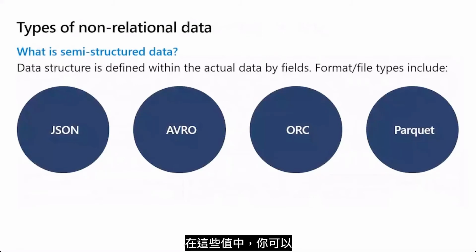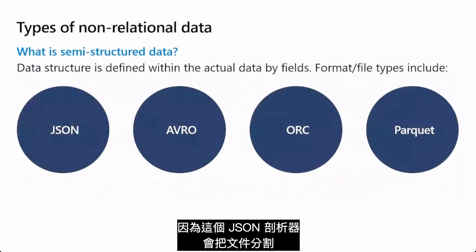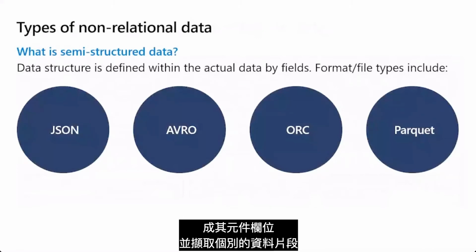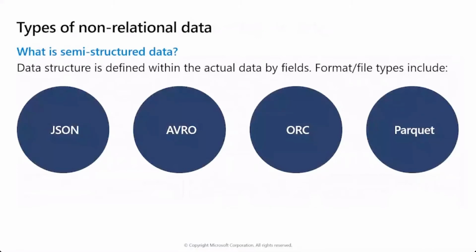Inside these values, you can define whatever you like. The important point is that as long as you follow the JSON grammar, you can put any type of data into the value. When an application reads a document, it needs to use a JSON parser, because the JSON parser will break up the document into its component fields and extract out the individual pieces of data.